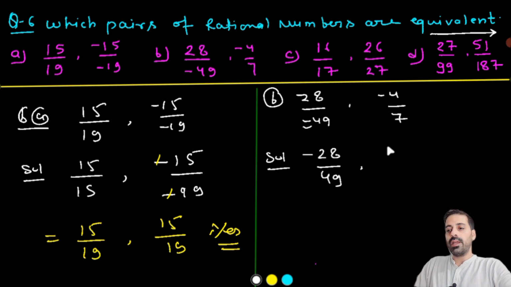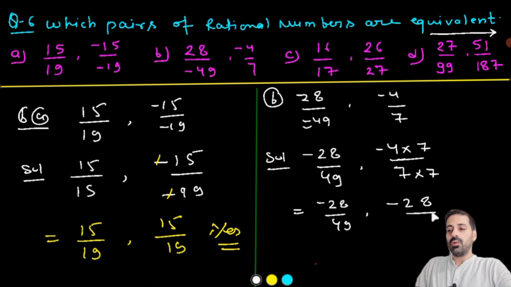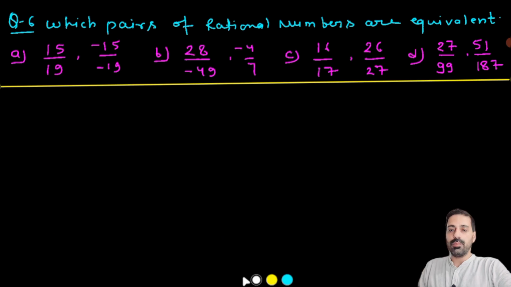You have to apply it in the numerator. Negative 28 upon 49 and negative 4 upon 7. If I multiply 4 by 7 and multiply 7 by 7, then what I get here is negative 28 upon 49 and again I get negative 28 upon 49. So you can see both numbers are the same. So yes, it is a pair of equivalent rational numbers.